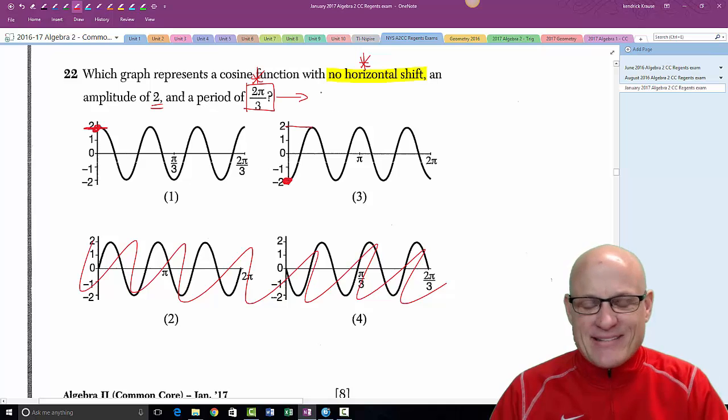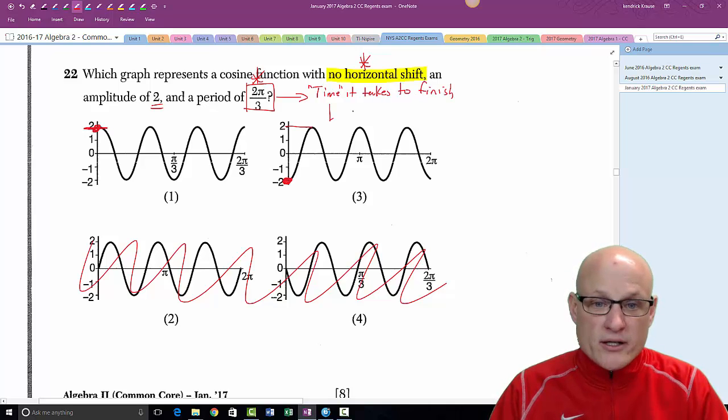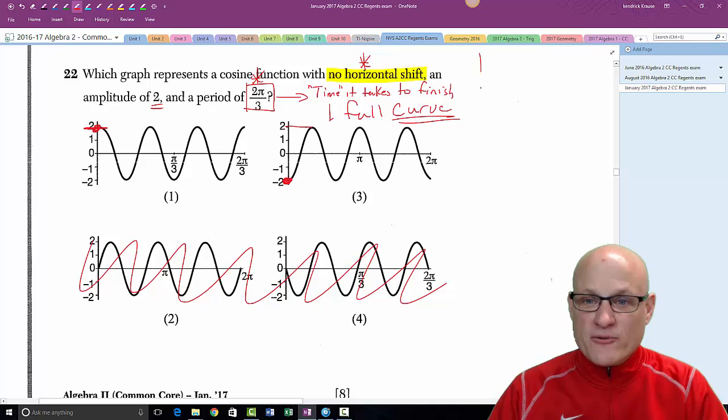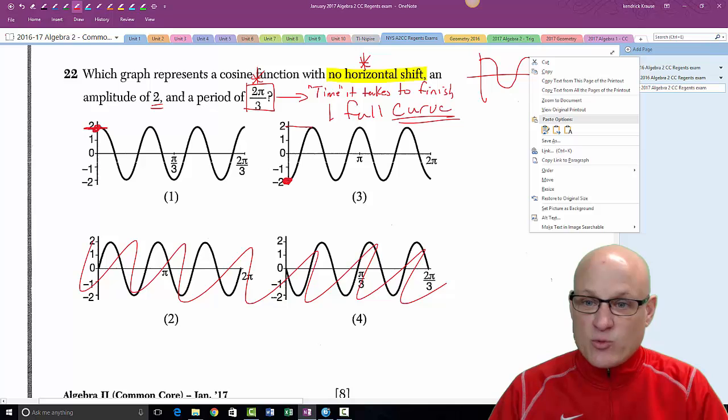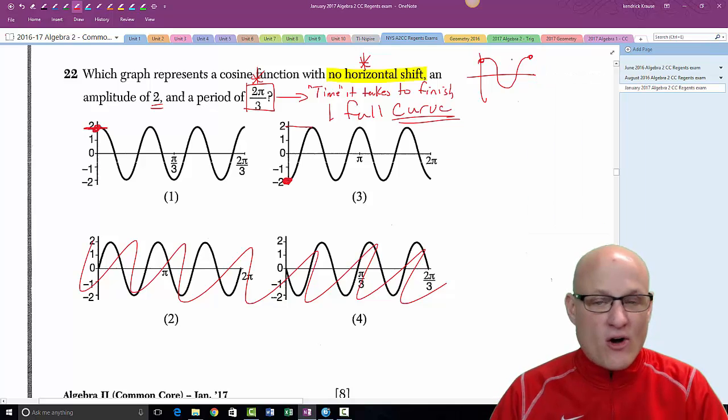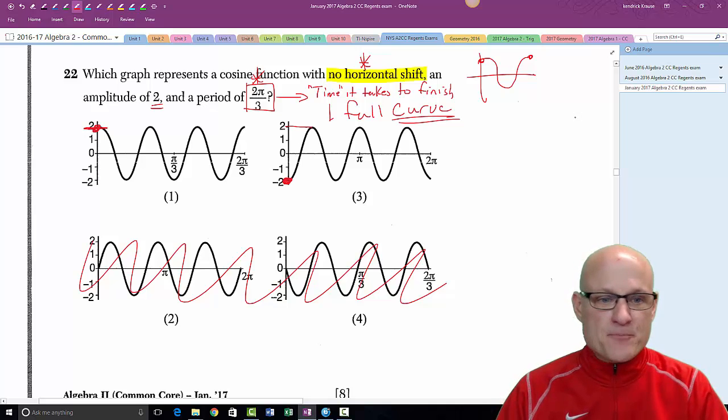Period is defined as, I'll just use the word time, it's not really time, it takes to finish one full curve. Now remember, a full curve for cosine is start at the top, finish at the top. That's one full curve. I'm not talking about all the other curves. One full curve, 2 pi over 3. So let's see.